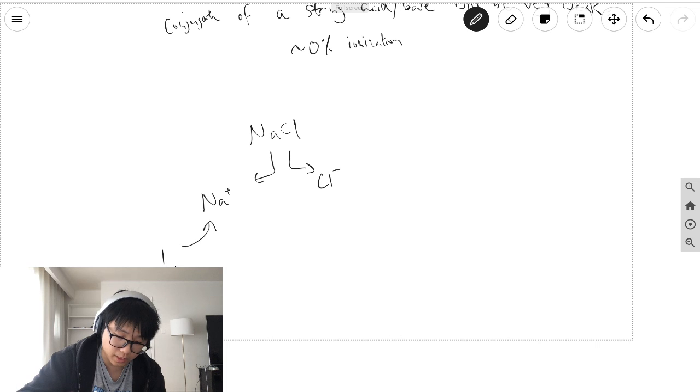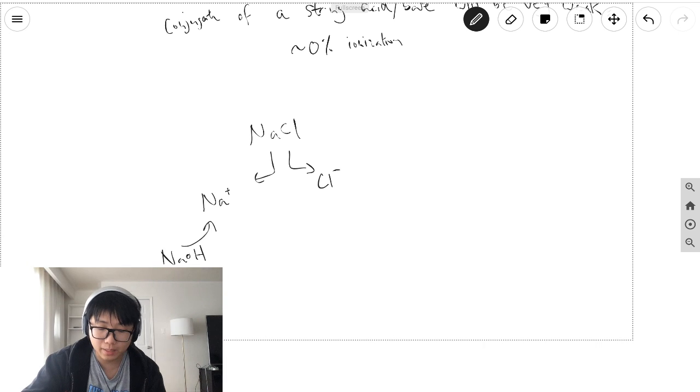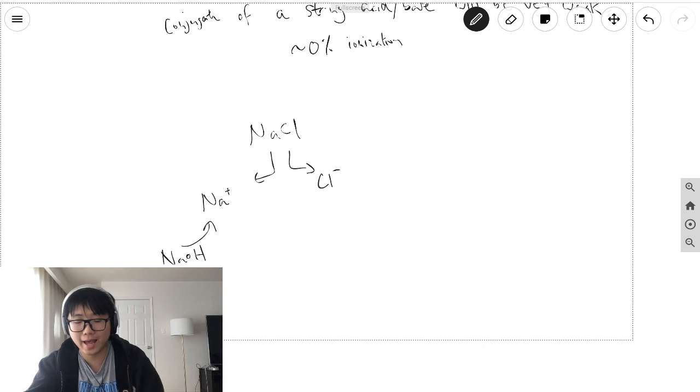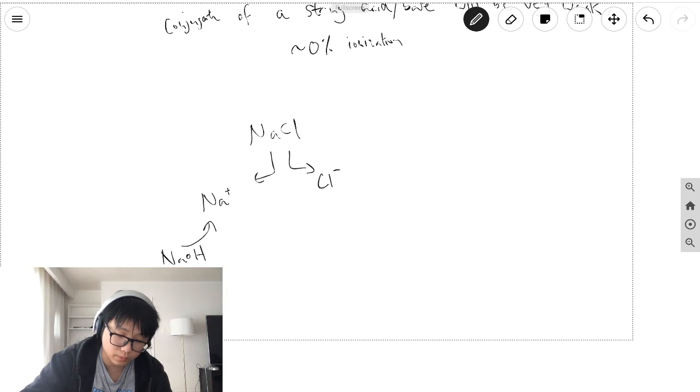And because NaOH is a strong base, Na plus is basically going to be the conjugate acid. Specifically, it's going to be a very weak conjugate acid, so it's not going to do anything.